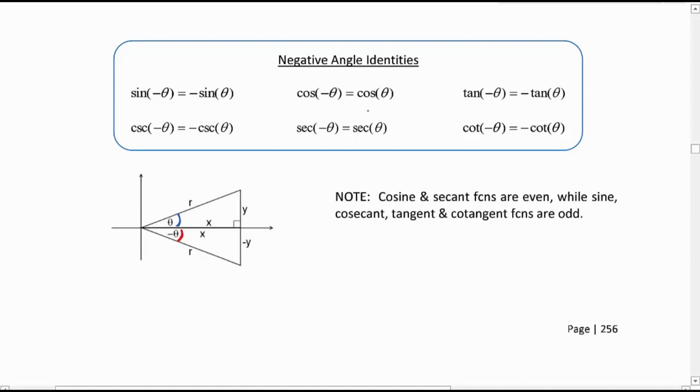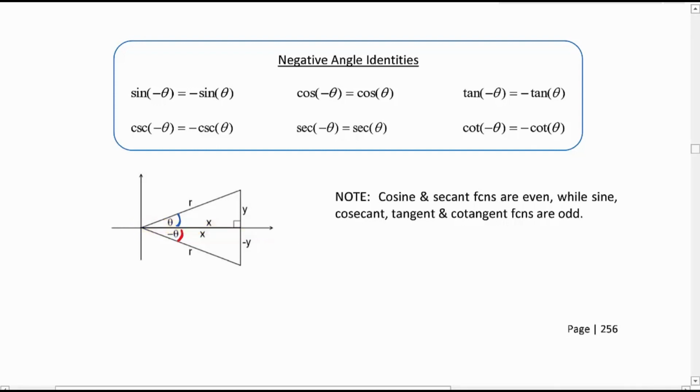Now, looking at cosine, cosine of negative theta equals just cosine of theta. Because if we look at our two triangles, we see that for both of them, the x value is positive. So whether our angle is positive or negative, the x value doesn't change sign.